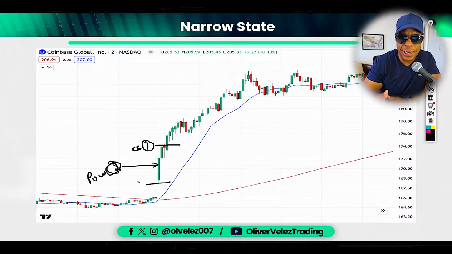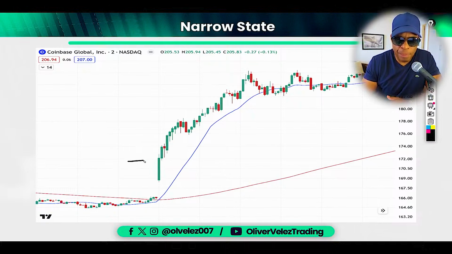Power change entry. So it goes like this. Power bar entry, protection, color change add. I'm going to do it again. Power bar entry, let's say 2, protection, color change add.